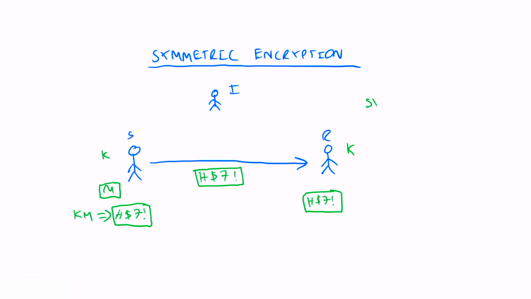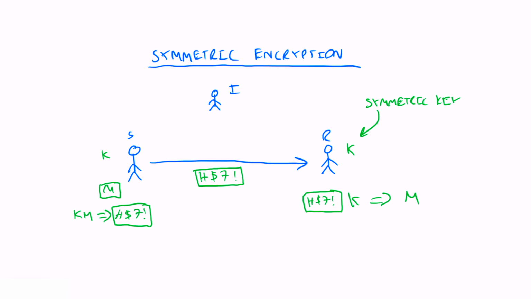So this is the symmetric key. And S, sender and receiver, have the same one. So R is going to decrypt with this key, and this is going to give the original message M. So now R can read the message M, which is what the sender wanted to send after all.